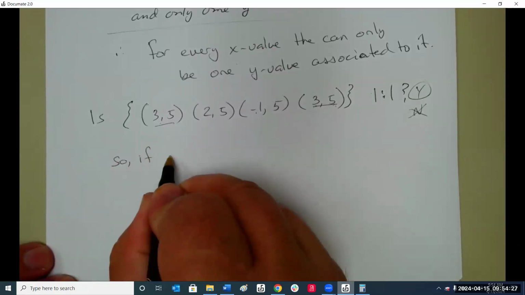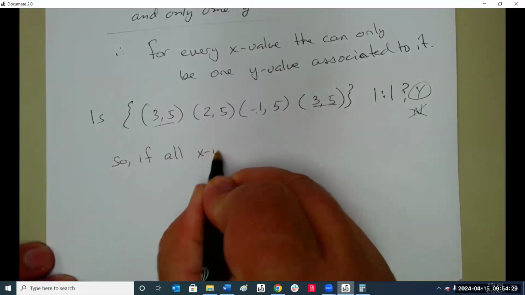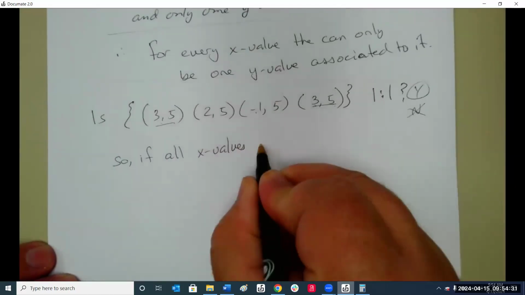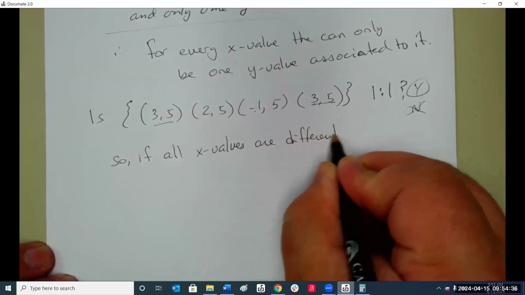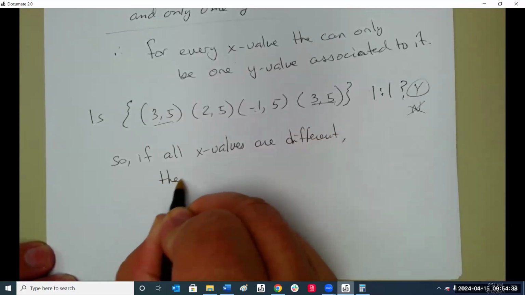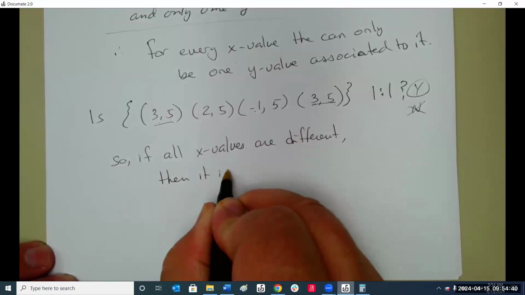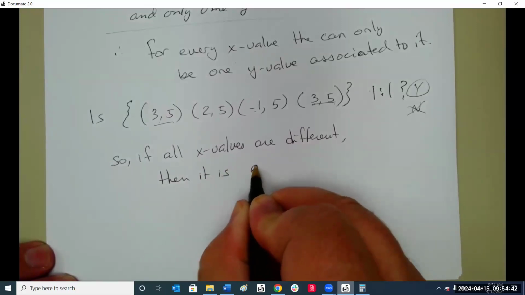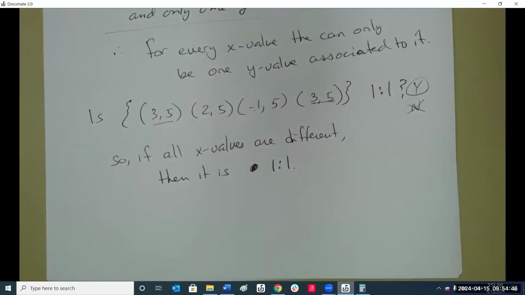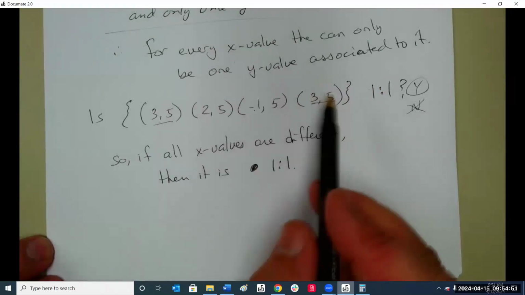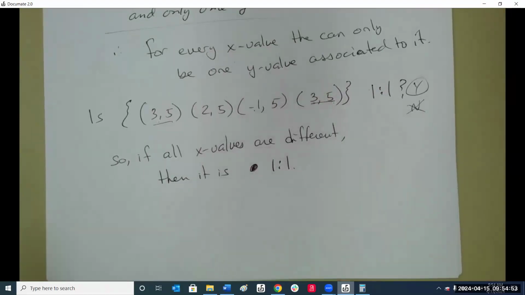So if all X values are different, then it is 1-to-1. If any X values are the same, they better have the same Y values.